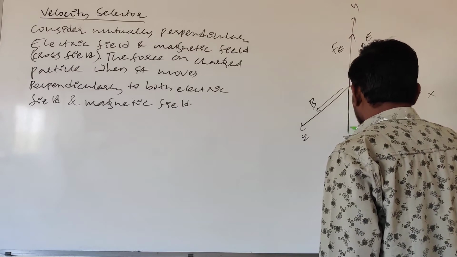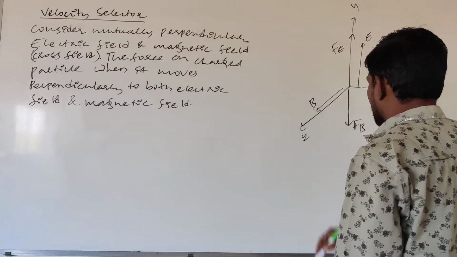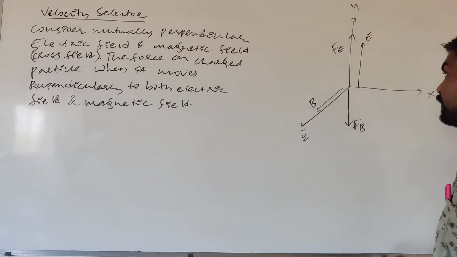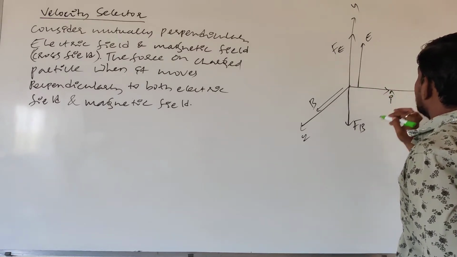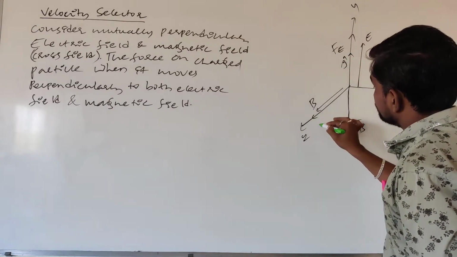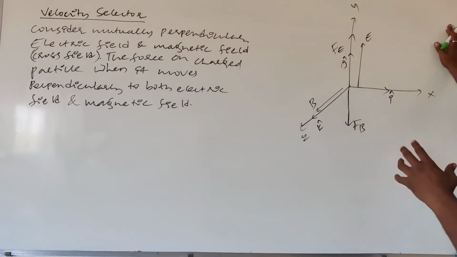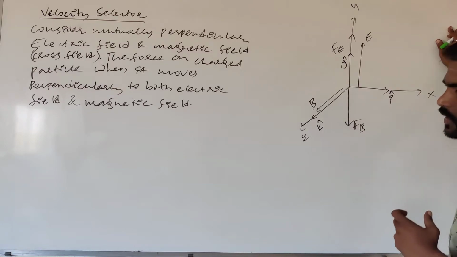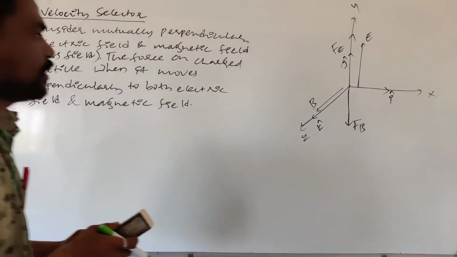So this is the force of magnetic field. If we are going to consider unit vectors, this is i cap, this is j cap, this is k cap. Why? Because we are going to consider cross fields.